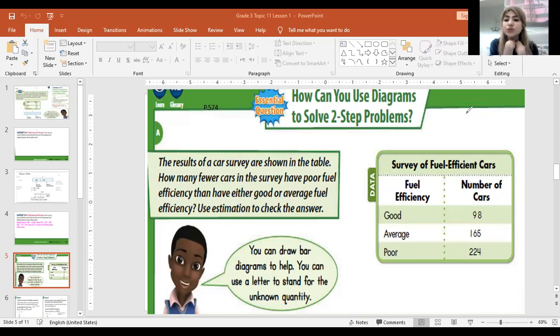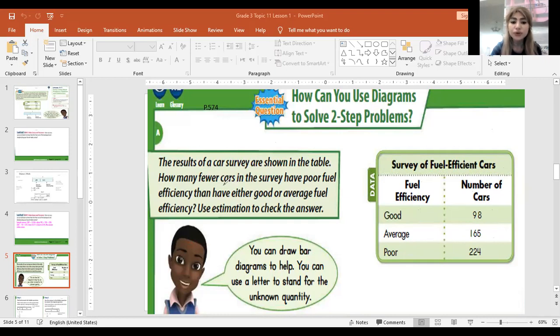What does he want me to do? He's telling you. You read carefully the question. Here is the table. So this is a car survey. The fuel efficiency here is good, average, and poor. Number of cars, 98, 165, 224.